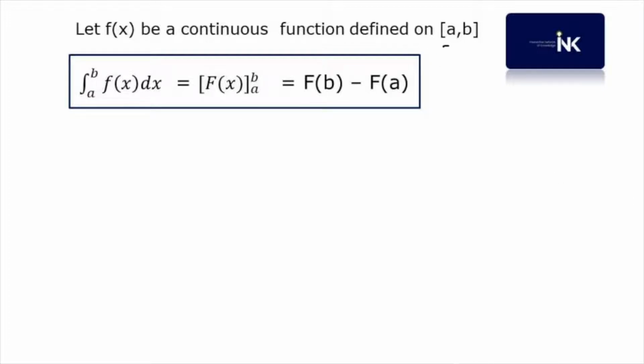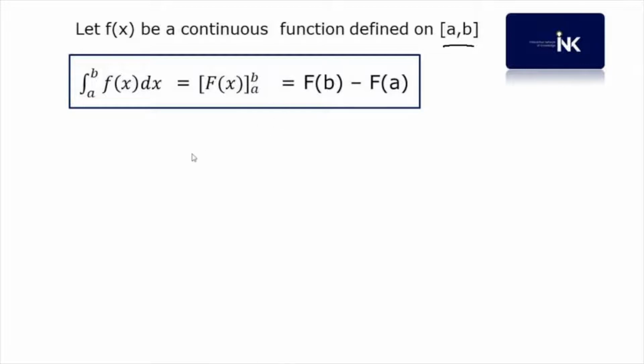If a comma b is closed, then integral a to b f of x dx will be equal to capital F of x, where capital F of x is nothing but the integration of the function f of x, on the closed interval a to b. So this is equal to F of b minus F of a.